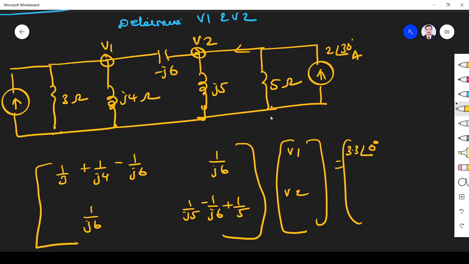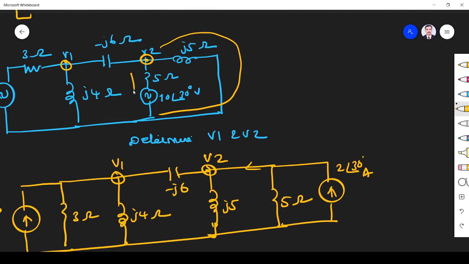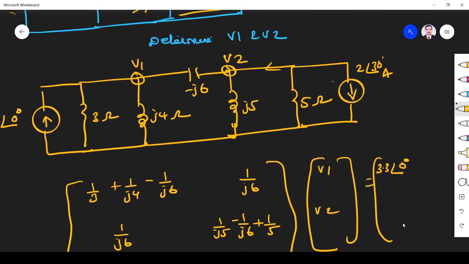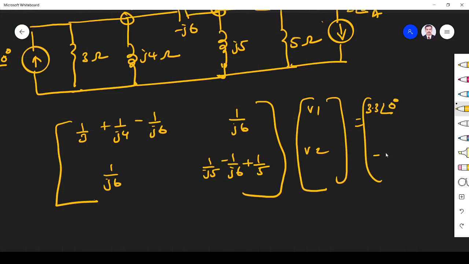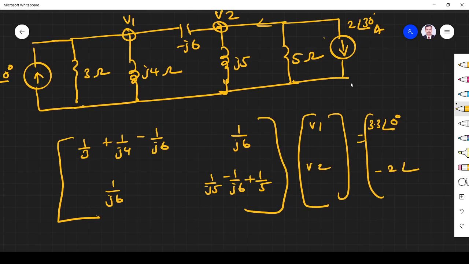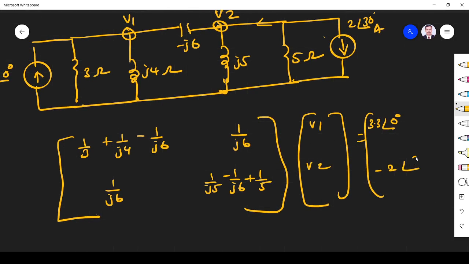In the question, it seems that they are given... sorry, I didn't notice the question. Here the current is given like this. So current is going from negative to positive, so we change the arrow mark like this. This is given in the question. So the arrow mark goes down. That means in V2 current goes down, so the current goes away. So it is minus 2, right? Minus 2 angle 30 degree.